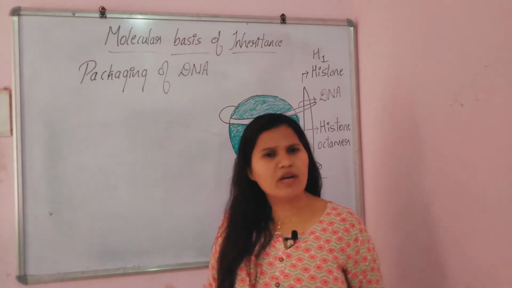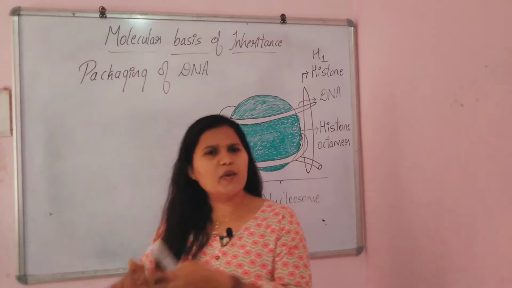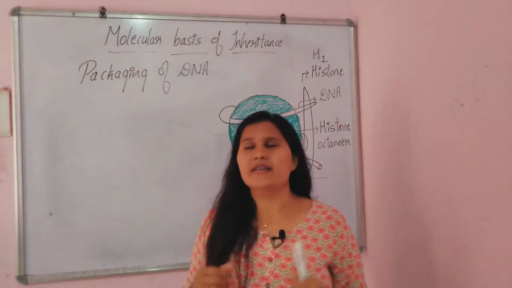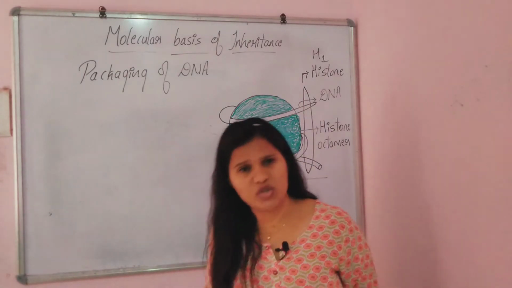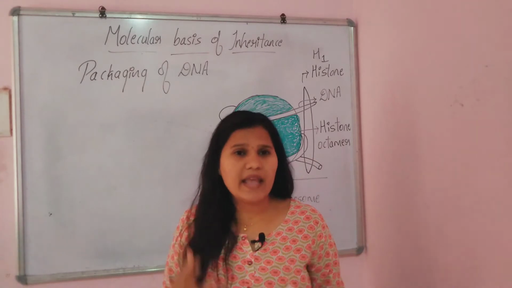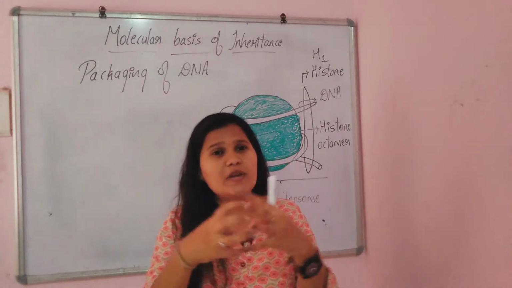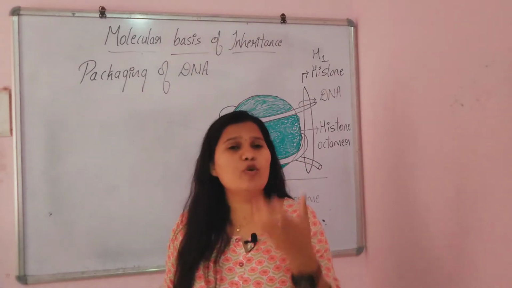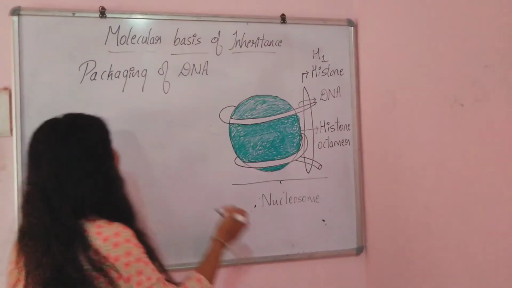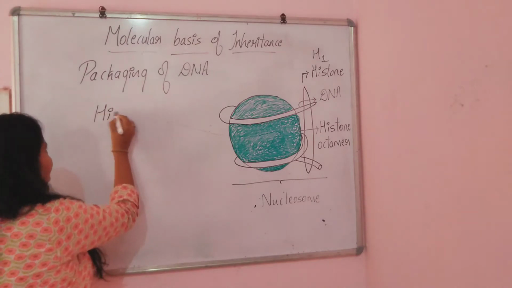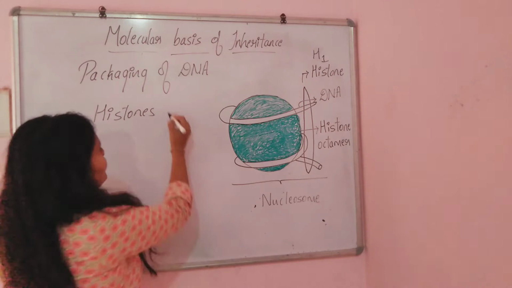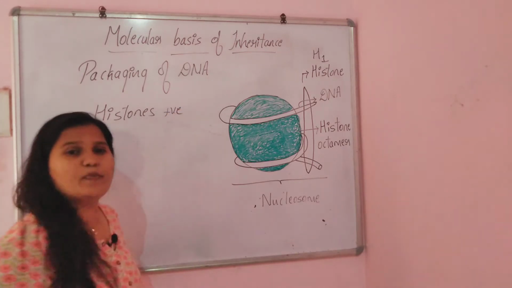We know that negative and positive particles attract each other. In the same way, in order to get packed in the nucleus, the DNA needs to go towards the positively charged particles. Those positively charged particles are nothing but the histones.